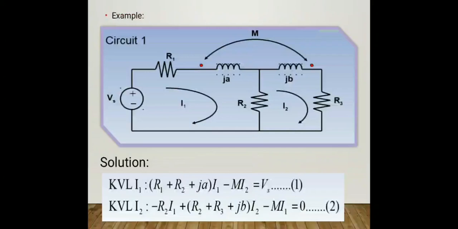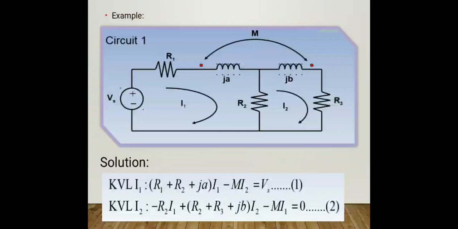On applying KVL in the second loop, normally minus R2 I1 plus R2 plus R3 plus jωLB times I2. The mutual inductance created in LB is due to the I1 current passing through LA. In LA the I1 current enters, and in LB the current leaves, so the mutual inductance is negative.